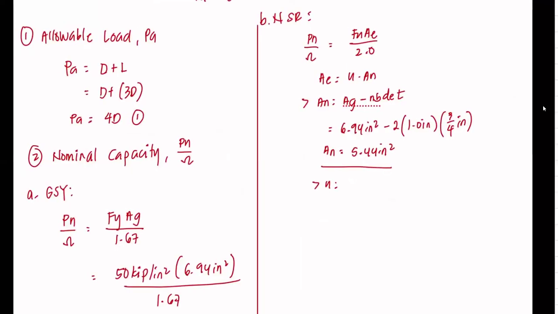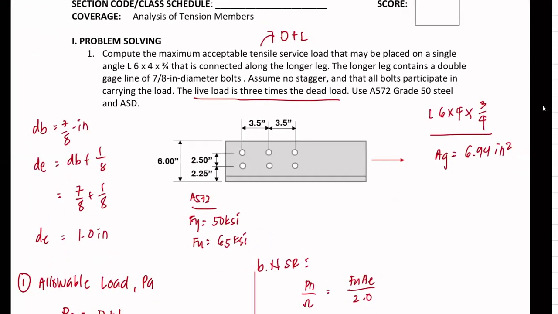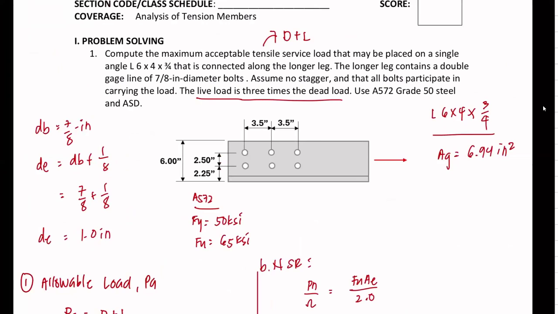So starting off with case 2. Case 2 is 1 minus bar X connection over L connection. Bar X connection is from whichever is the connected face to the centroid. The connected leg is the longer leg.